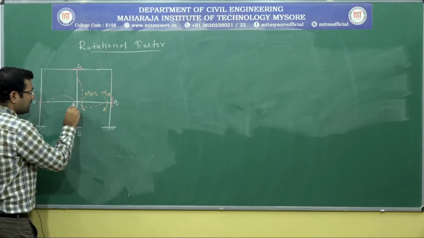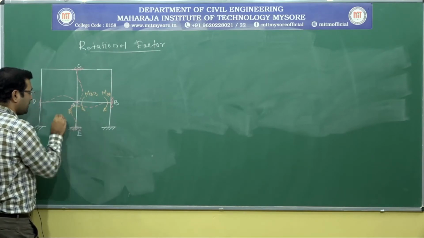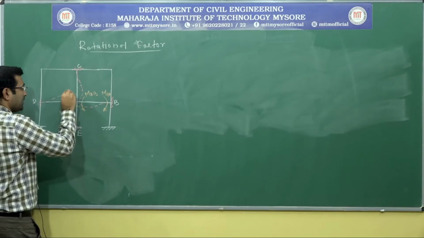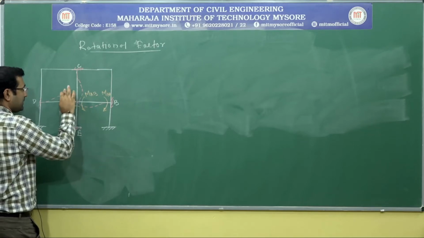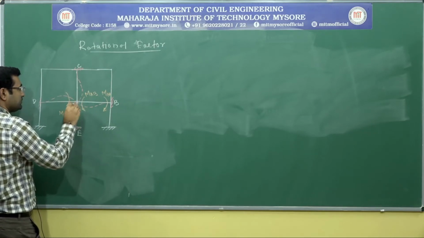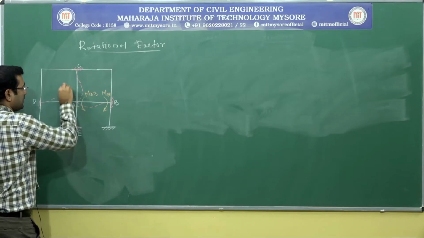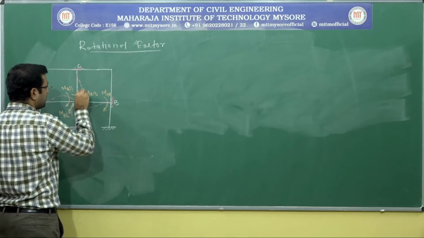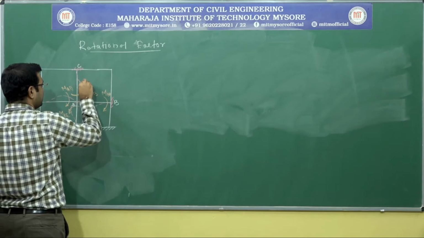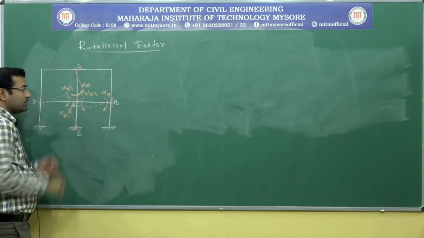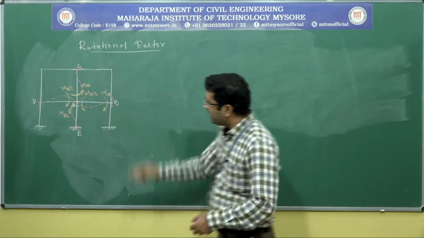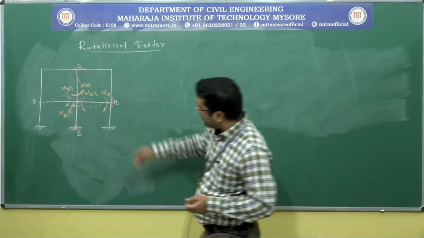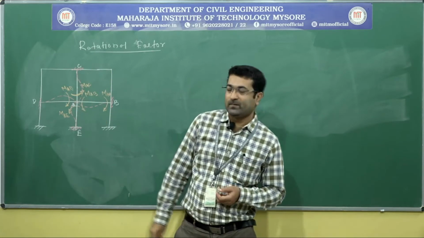Similarly, at this location there will be a development of a moment called MAE. Here also there will be a development of moment MAD. And here there is another moment called MAC. So, these are the bending moments which develop in and around the joint A. I am worried about all these 4 moments.